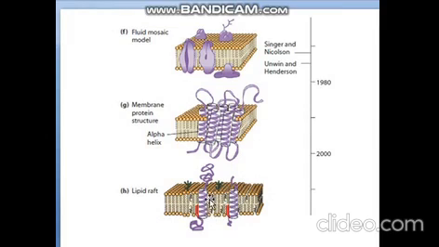Raft means that in particular areas of the cell membrane there are particular molecules present, and those molecules are responsible for a particular function. For example, it was discovered later that cholesterol molecules are responsible for some of the fluidity of the membrane.